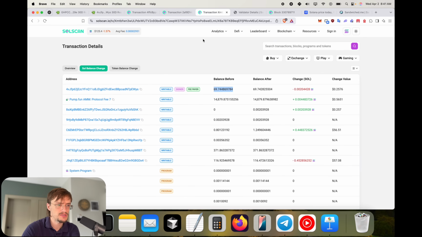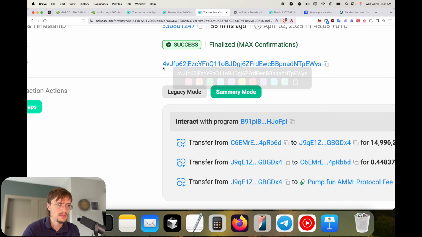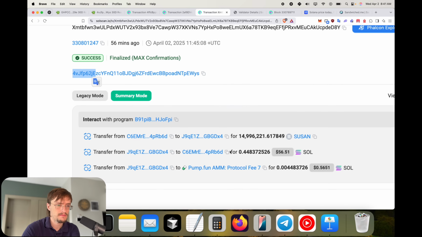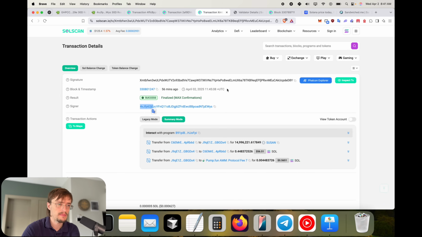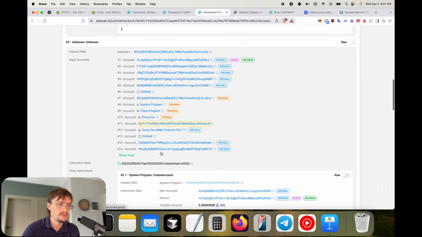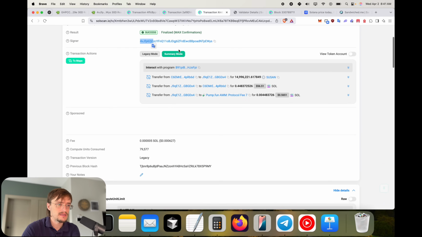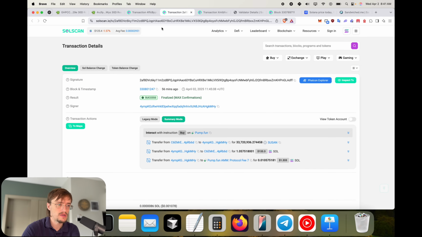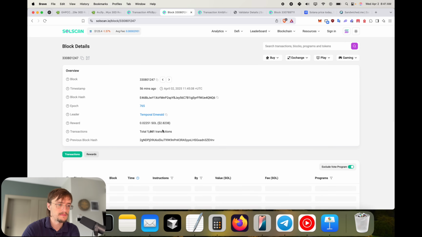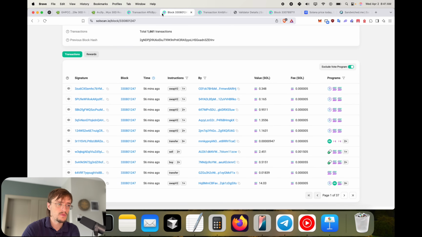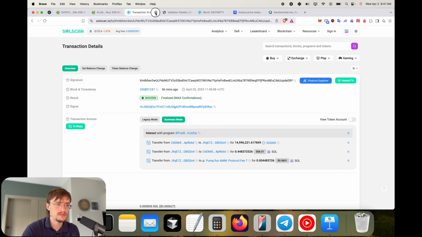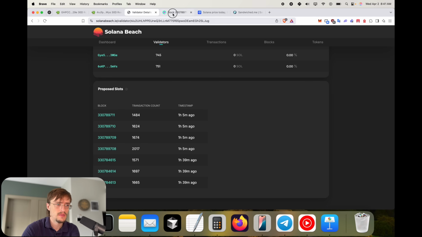I believe this is the purchase, this is the buy, and then they sold. But in any case, you can see that they are buying and selling surrounding the transaction. If you go to the block, you will see that, but I'm not gonna get into that yet.